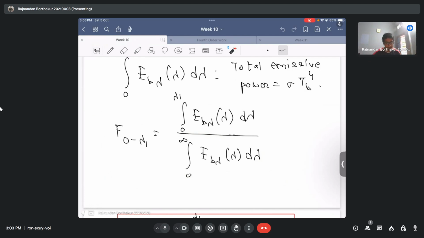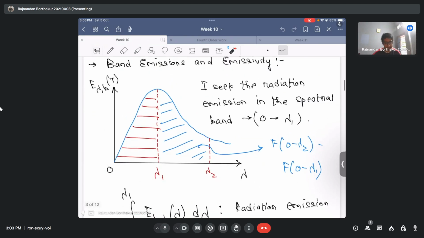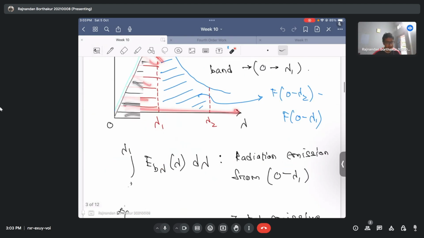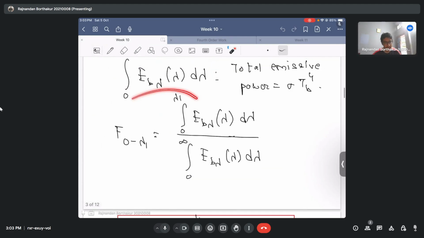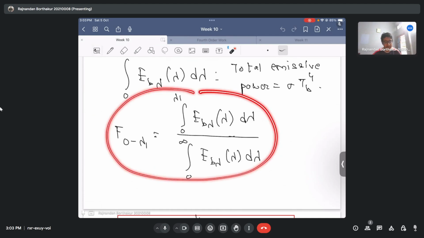And as we know, this particular area is always less than the entire area, so this band emission function happens to be a fraction, and this is its formal mathematical definition.